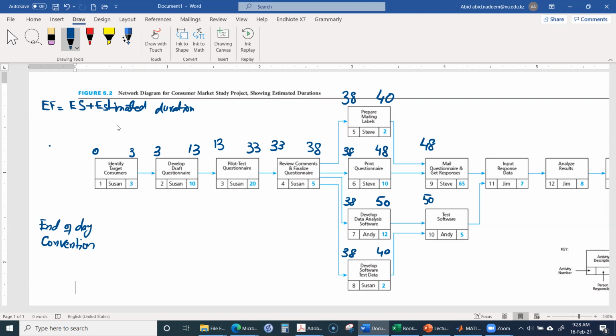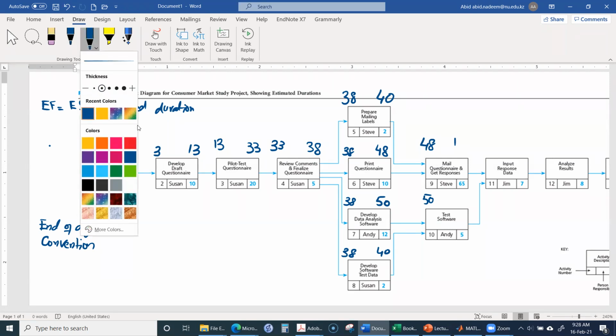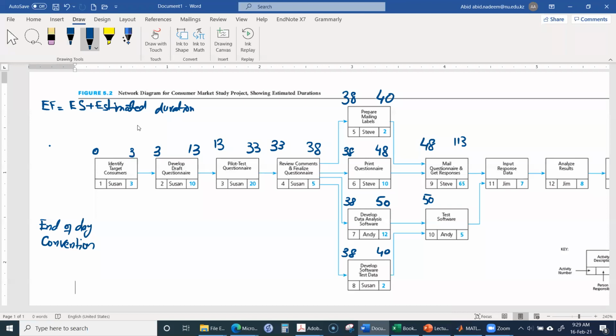Next, for this one, 48 plus 65 is 113. And 50 plus 5 is 55.